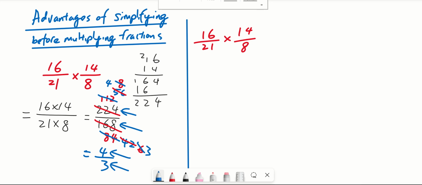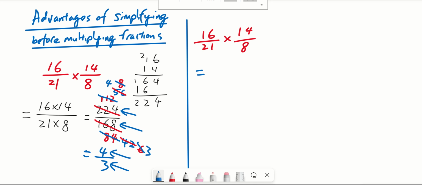Now, I'm going to show on the left side how you can avoid the problems with simplifying the fraction after multiplying, by simply simplifying the fractions before you multiply them. So what you see here is 16 over 21 times 14 over 8.